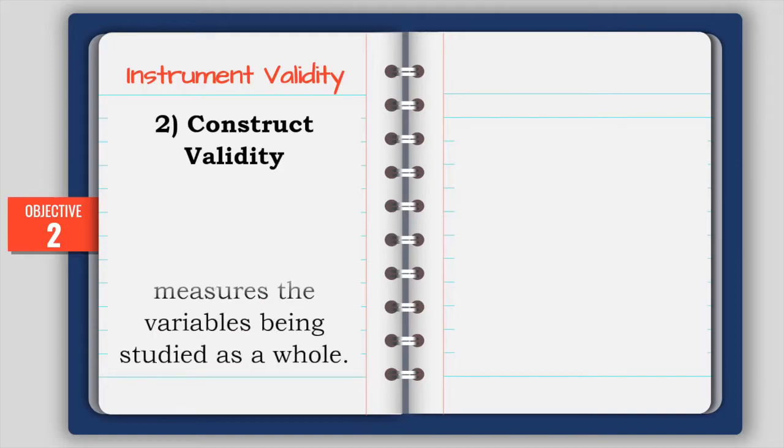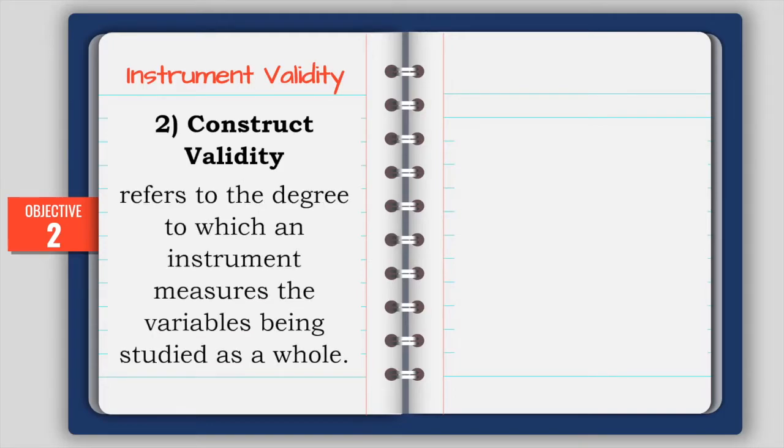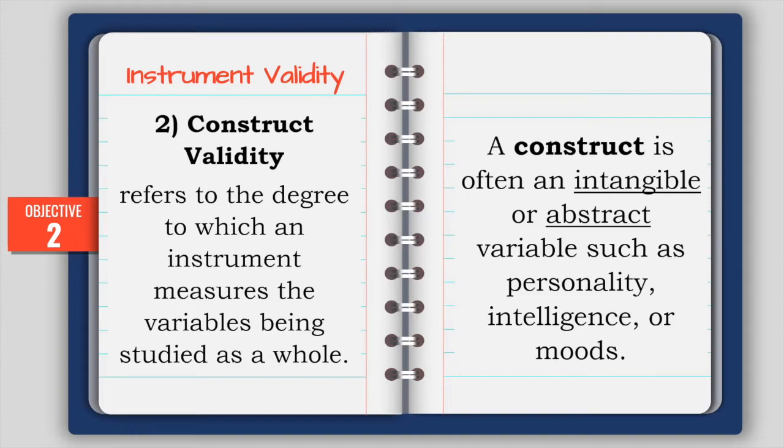Next is the construct validity. This refers to the degree to which an instrument measures the variables being studied as a whole. A construct is often an intangible or abstract variable such as personality, intelligence, or moods. If your instrument cannot detect this intangible construct, it is considered invalid. Let's use the previous example.